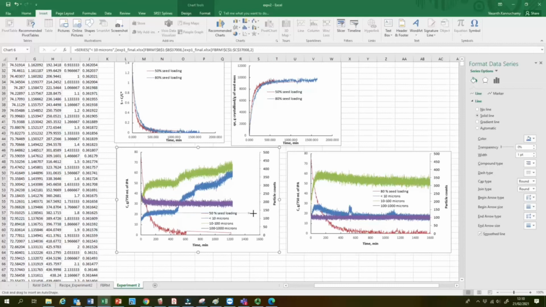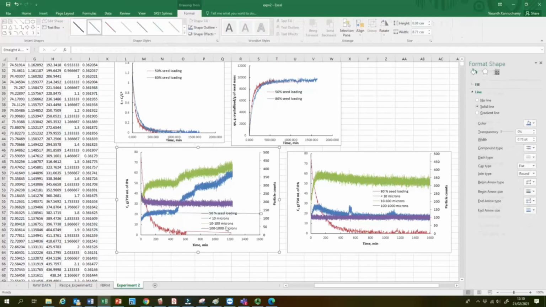So when we started the experiment, the number of particles less than 10 microns, let me draw this arrow. Just follow this blue arrow.